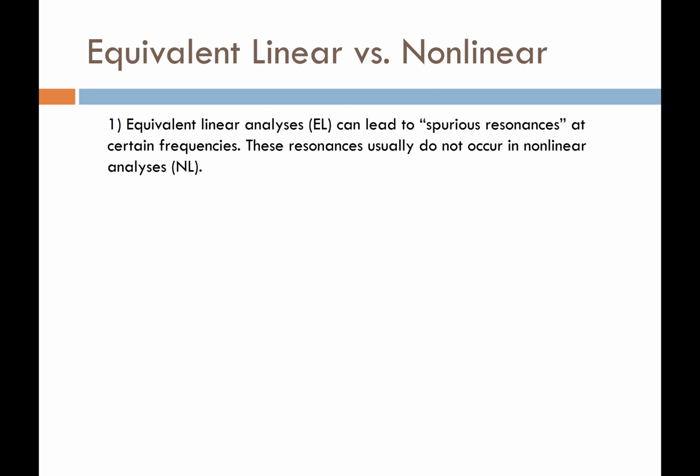So we get spurious resonances in our transfer function. These resonances usually will not occur in the nonlinear analysis. So the winner for that point is definitely going to be nonlinear analysis.